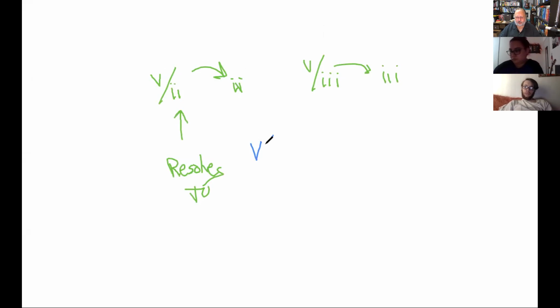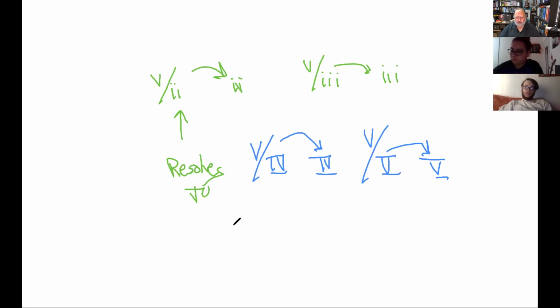A 5 of 4 wants to resolve to a 4. A 5 of 5 wants to resolve to that same 5. And then, of course, a 5 of 6 wants to resolve to a 6.